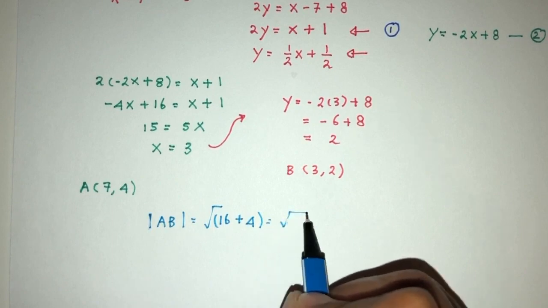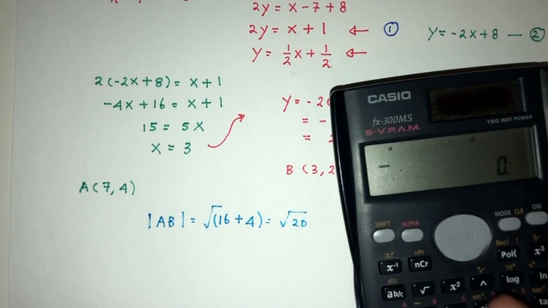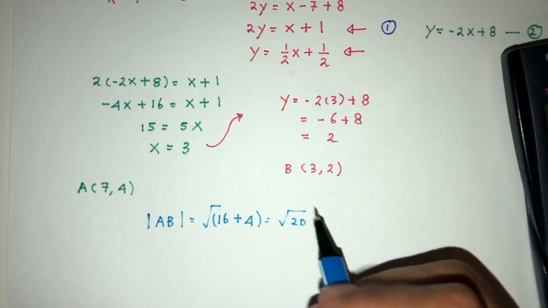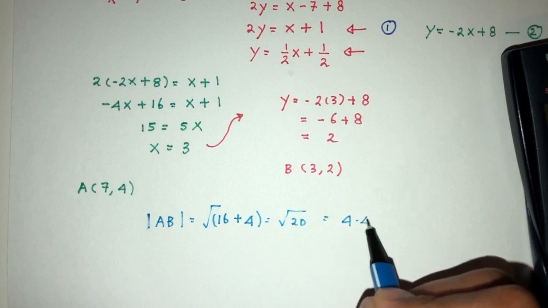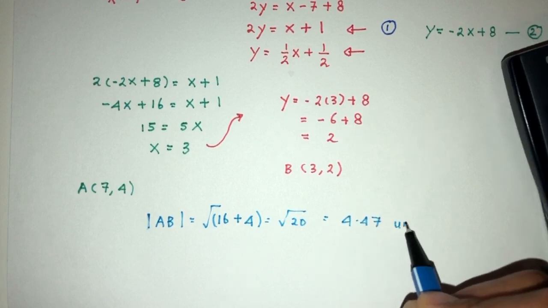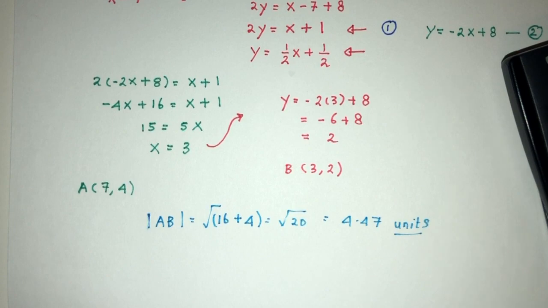That will be root of 20. I can give you an answer in terms of decimal as well. That should be 4.47 units for the length of AB.